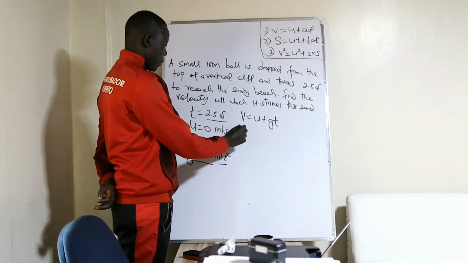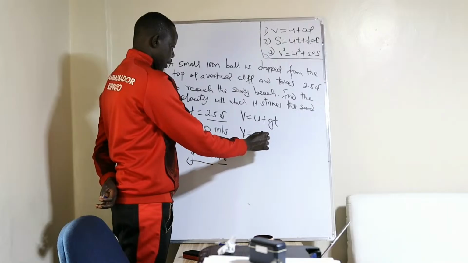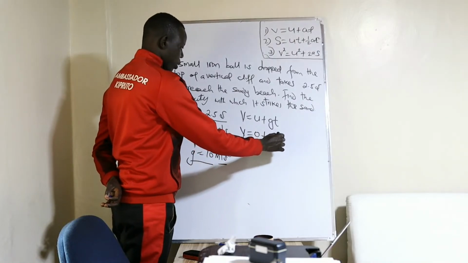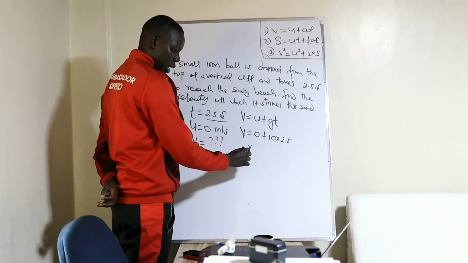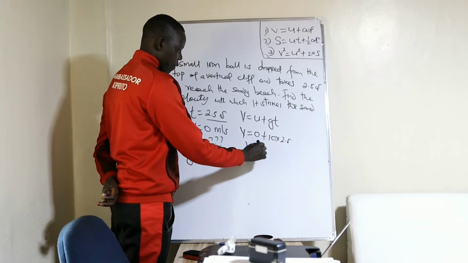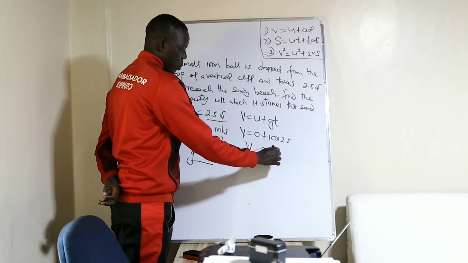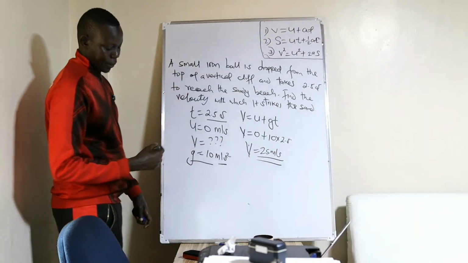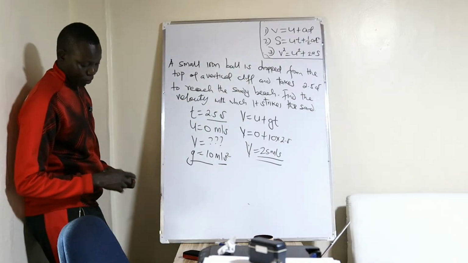V is equal to 0 plus 10 times 2.5. By the end of the day, you will have v to be 25 meters per second. Yes, that's how it should be.